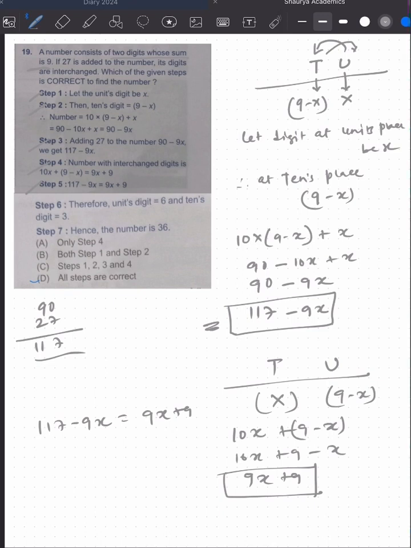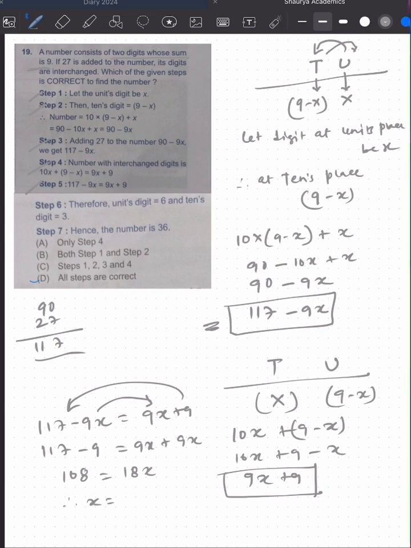So how do we see if this step is correct or not? Simply by solving this. So 117, bring 9 to this side, send 9x to this side. 117 minus 9 is equal to 9x plus 9x. So 117 minus 9 is 108, is equal to 18x.